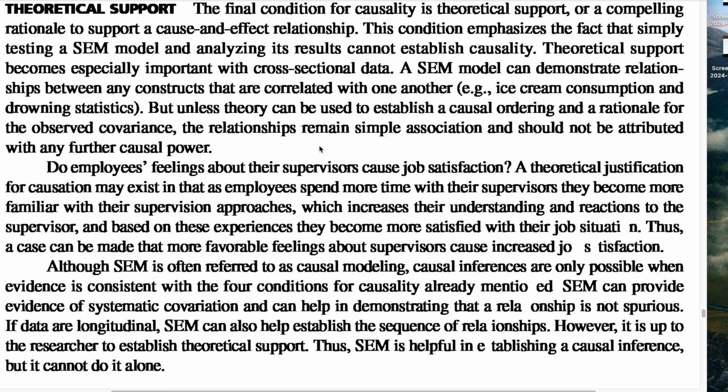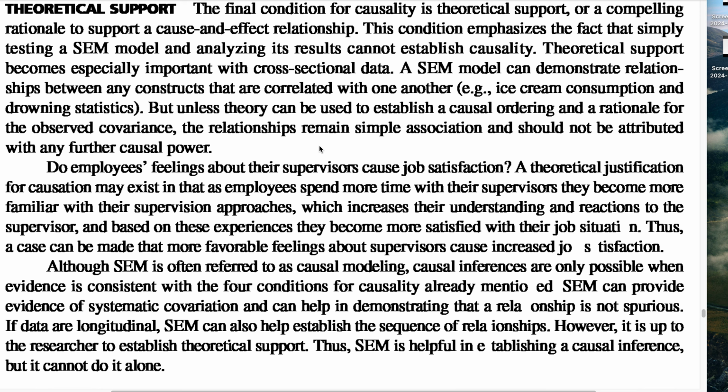Although structural equation modeling is often referred to as causal modeling, causal inferences are not possible unless the evidence is consistent with the four conditions for causality already mentioned. Structural equation modeling can provide evidence of systematic covariance and can help in demonstrating that a relationship is not spurious if the data are longitudinal.